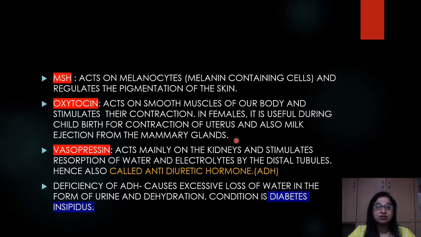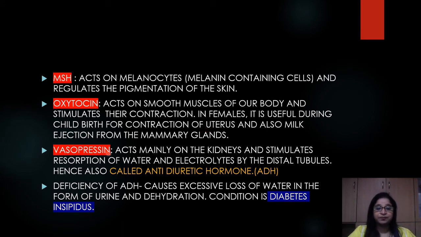The feelings of maternal love are because of oxytocin, which is released during childbirth and after childbirth. So it not only helps in contraction of the uterine muscles for facilitating delivery and the contraction of the mammary glands for milk ejection, it also helps in developing the maternal emotions and maternal feelings of love for the baby after childbirth.